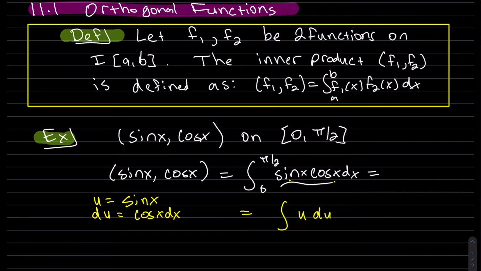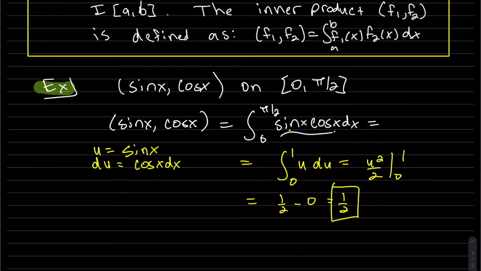Let's plug our limits of integration in since it's du now. Sine of 0 is 0, but when we plug in pi over 2, the sine of pi over 2 is 1. So the inner product is 1/2.